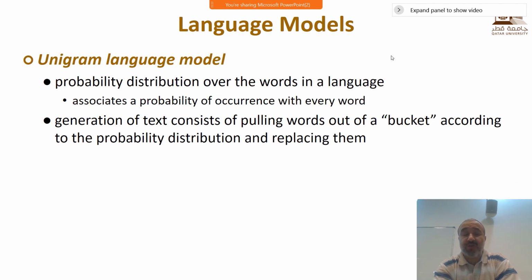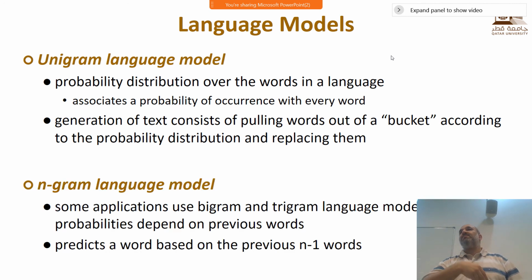One final note. What we studied in this lecture is, as we said earlier, called the unigram language model. There are, of course, more general language models. We can use bigram, trigram, and so on. These are generally called n-gram language models.